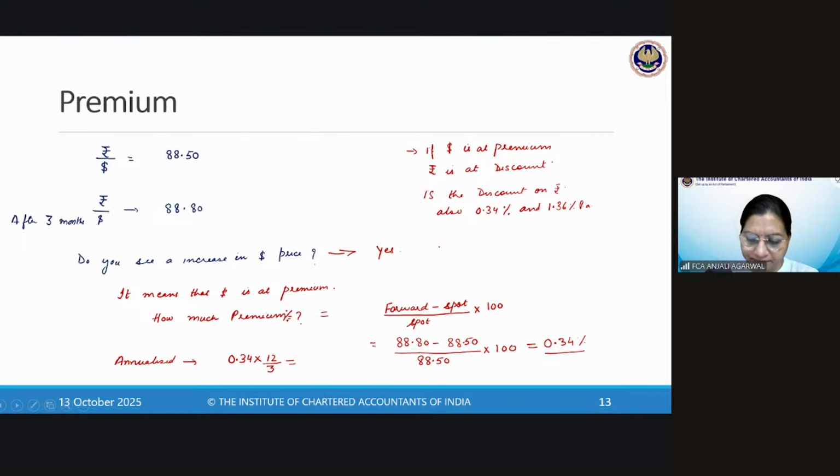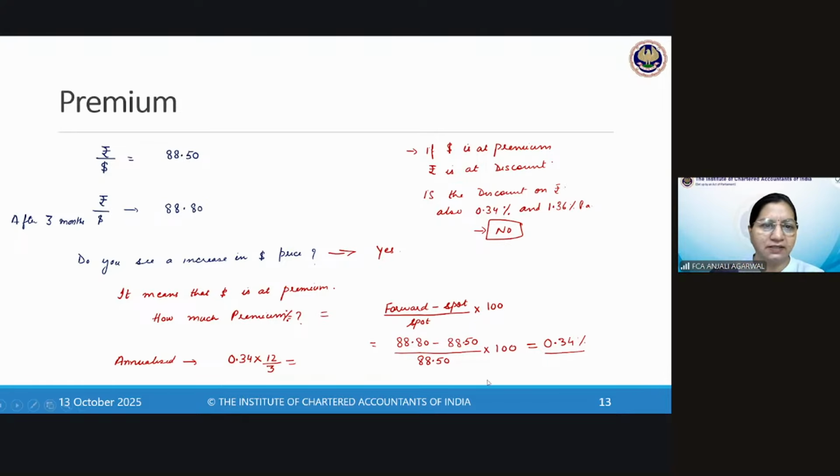The answer is no. It's not that you can say that if the dollar has appreciated by 2%, the rupee has depreciated by 2%. If the dollar is at a premium by 2%, the rupee is at a discount by 2%, you will not get the exact same figure. There will be a small difference. Okay? Let's understand the logic.